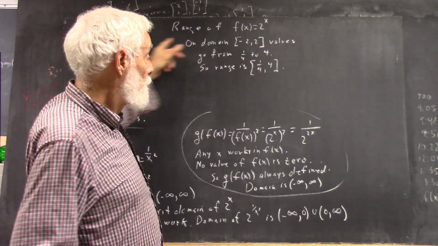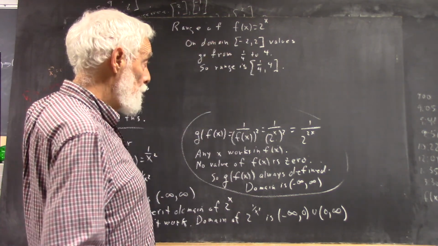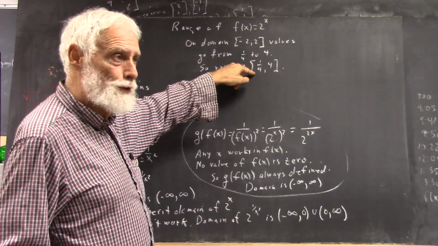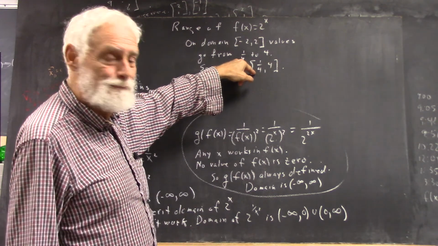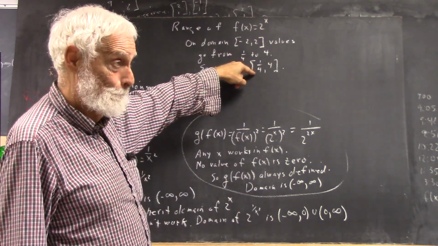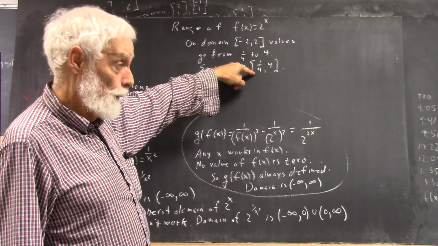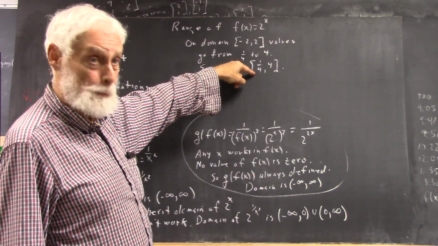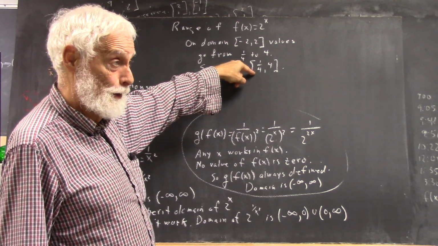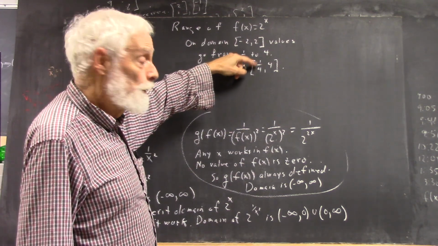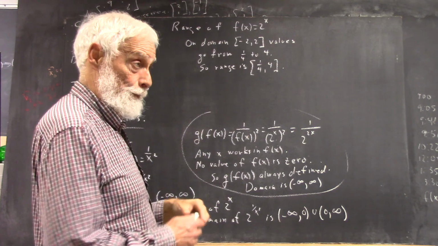Bigger negative numbers, further from the origin, give you reciprocals of bigger positive numbers, right? Okay? 2 to the negative 10th is 1 over 2 to the 10th. 2 to the 10th is pretty big already. It's over 1,000, okay? So this number gets closer and closer to 0, okay?